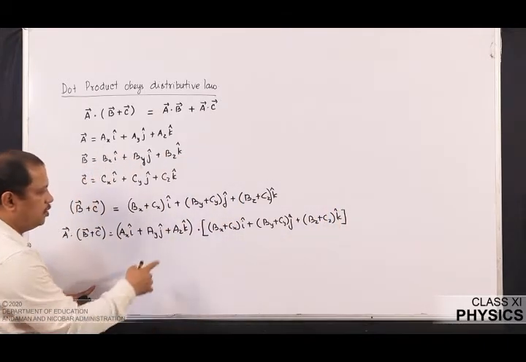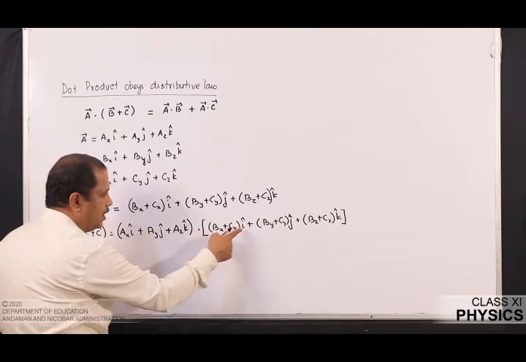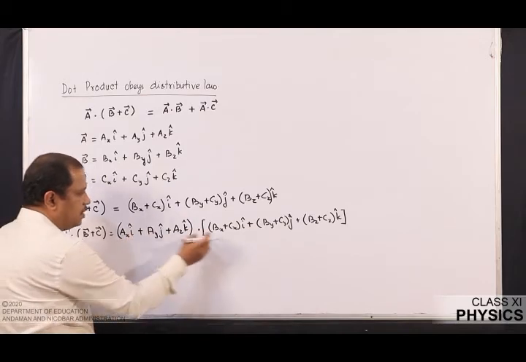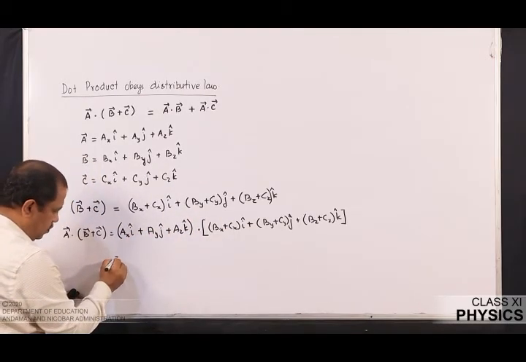Now when I try to find the dot product, we saw that i dot i is 1, so only that product will survive and the rest of the things will be 0. Similarly, I will follow the rule.